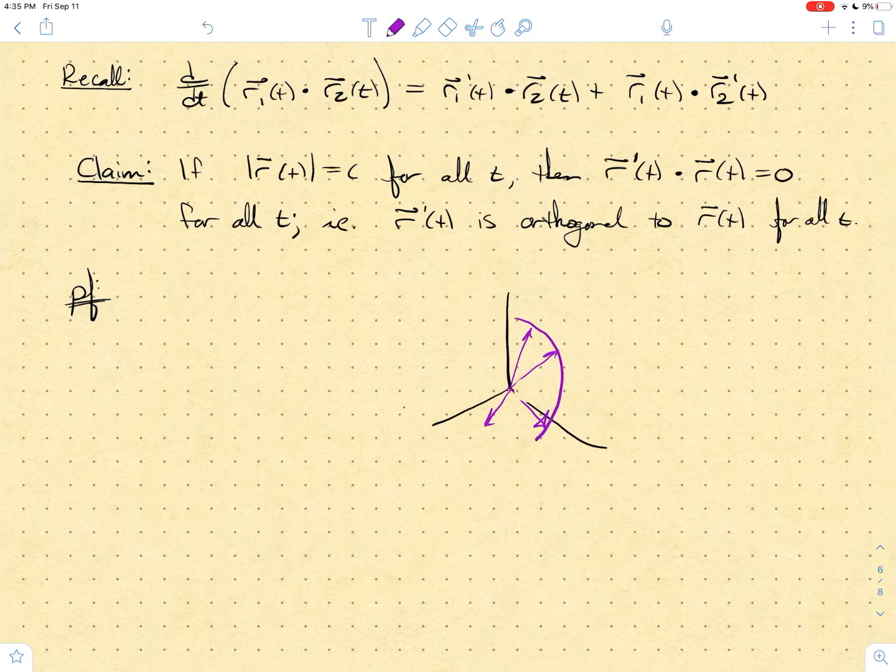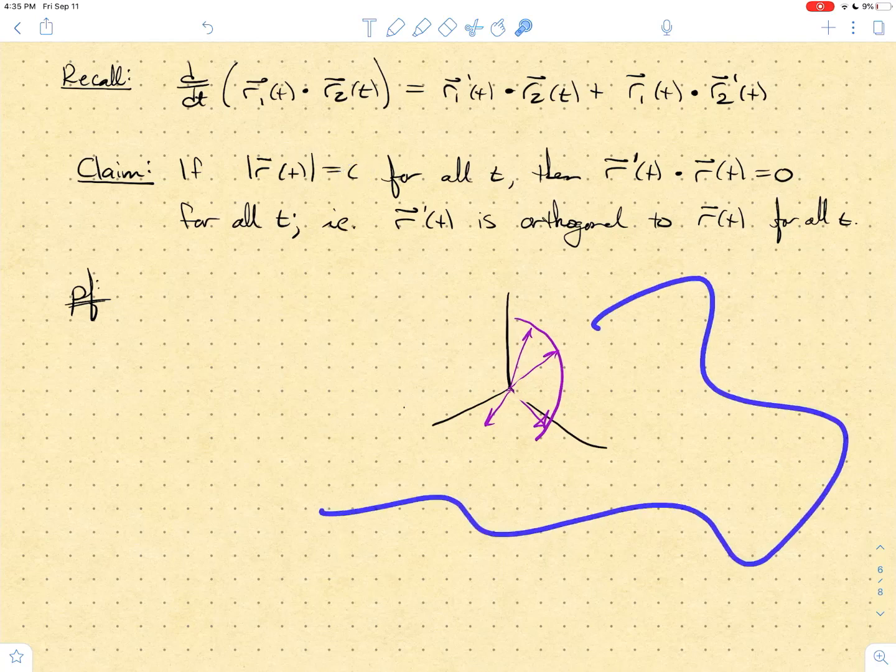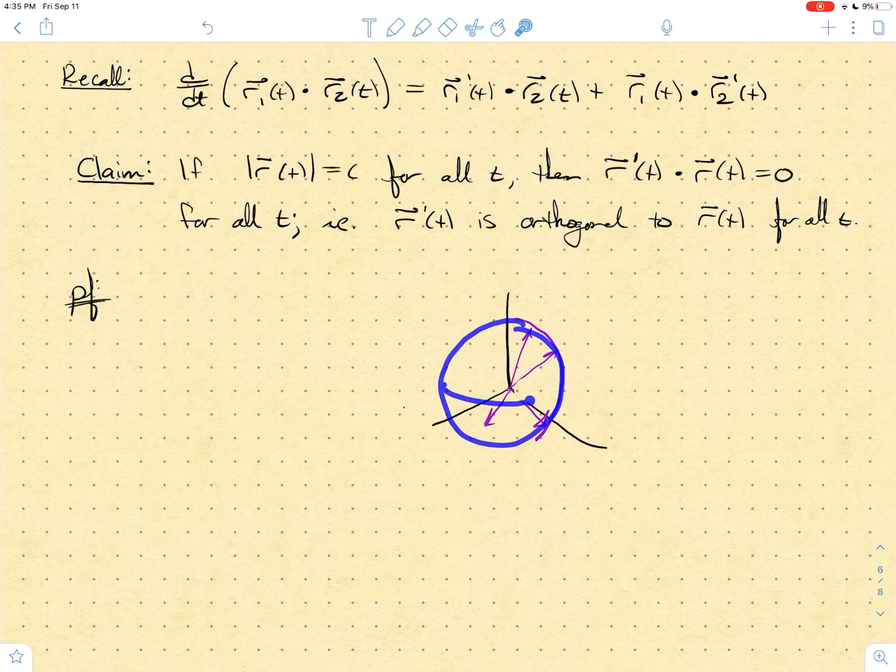That curve actually has to lie on a sphere of radius c. So your curve isn't just wandering through space. Imagine like a ball here. Your curve has to be on the surface of a ball. It can look pretty wild, but it can't just stretch out forever because r of t has to have constant length. Okay, so that's the first picture that I want to show you.